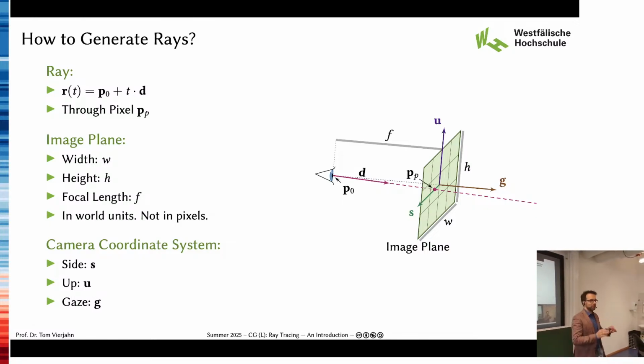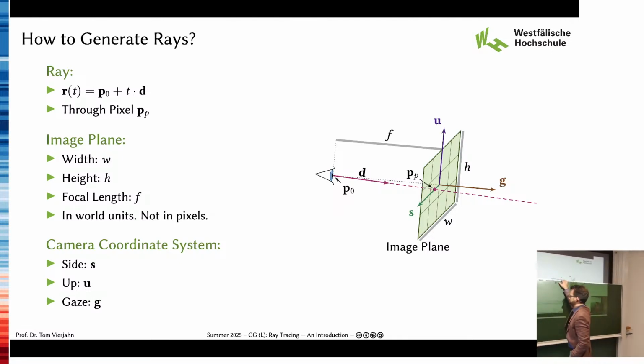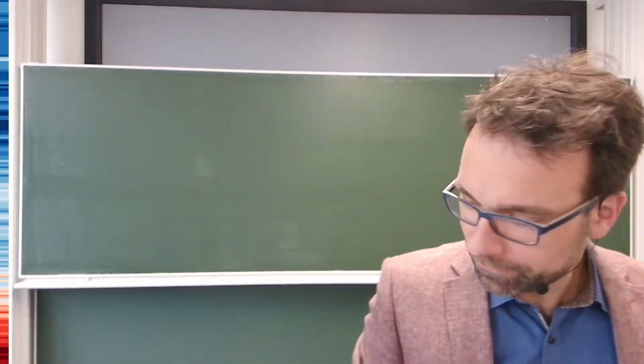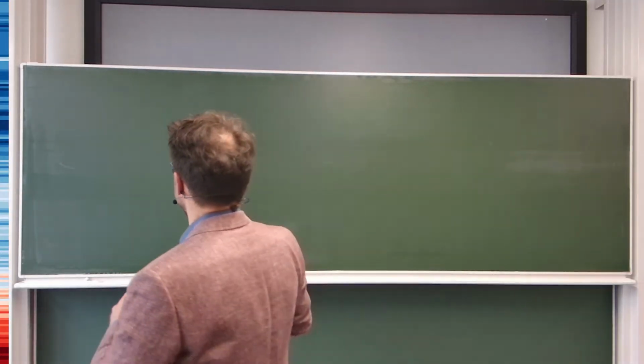We need to compute the gaze direction, the up direction, and the side direction. All right, how can we do that? Let me take the blackboard, this one, and there. That should do it.